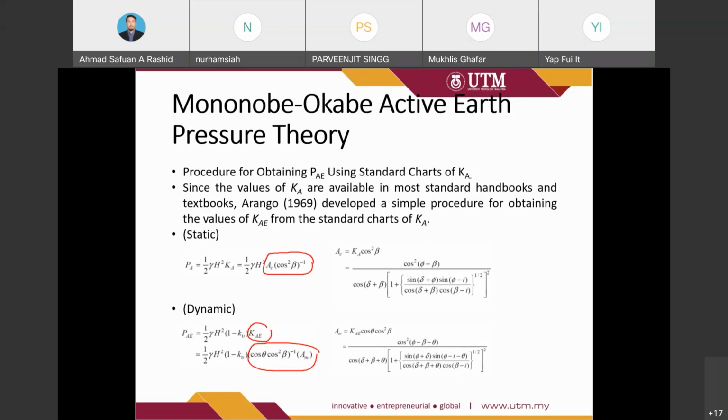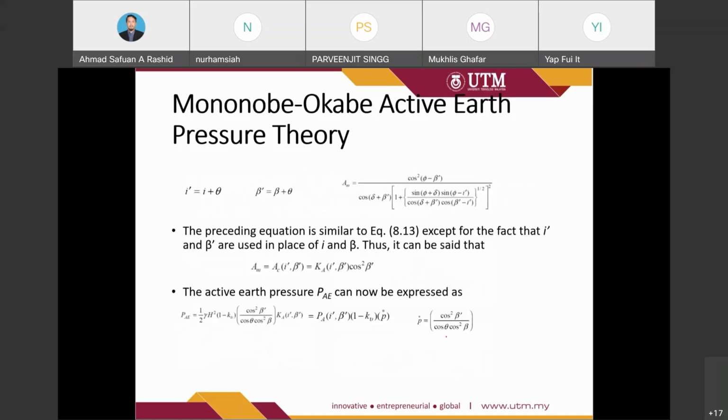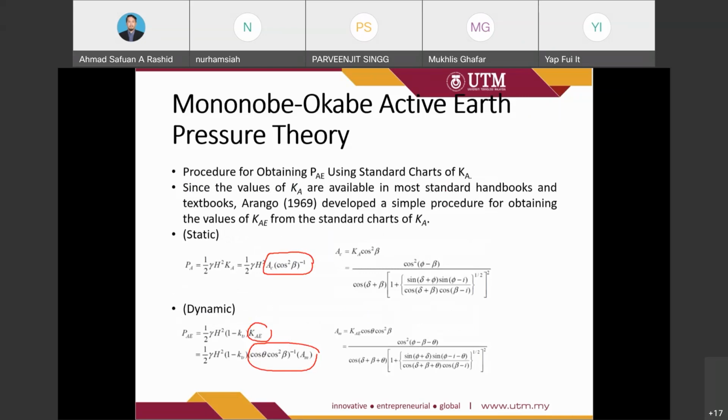For example, here phi minus beta, and for this dynamic, phi minus beta minus theta. By introducing beta prime, beta plus theta, it shows the same notation as the static one. So the difference is only beta prime for the dynamic, I prime for the dynamic.